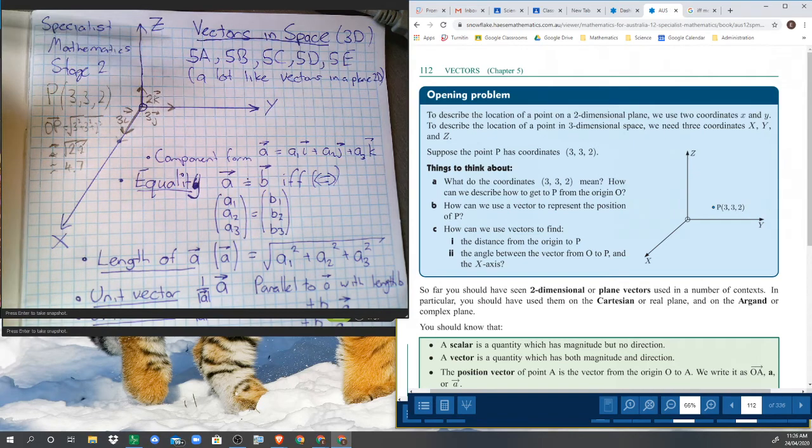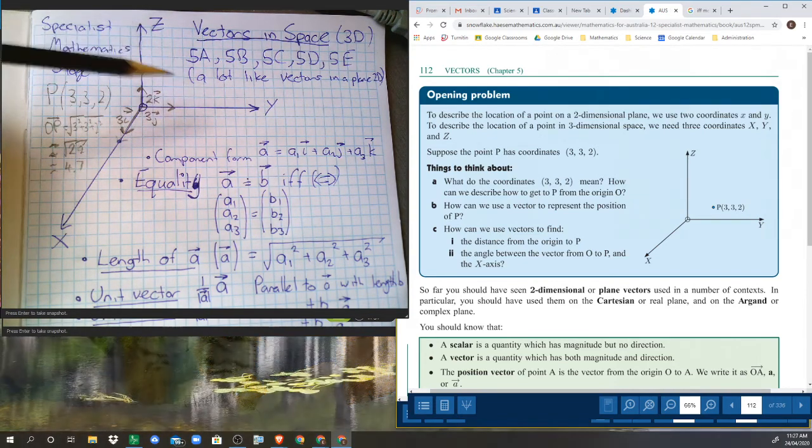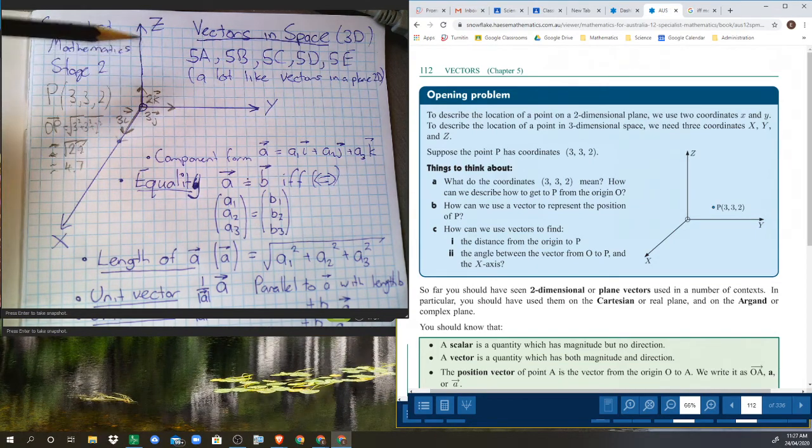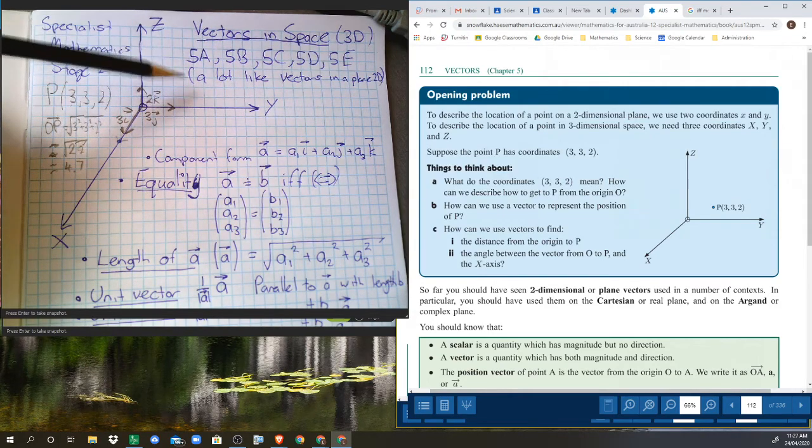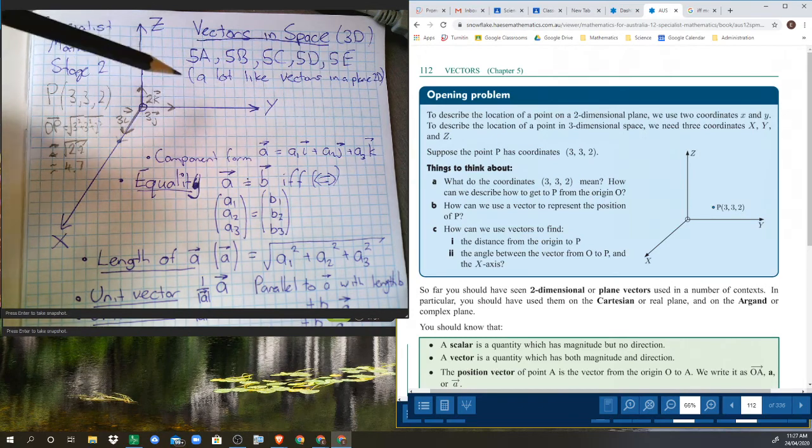So there's actually an infinite number of planes that you can draw in space, just like there's an infinite number of vectors you can draw in a plane. And we'll come to that later on. Trying to put planes into space is one of the last things we'll do.